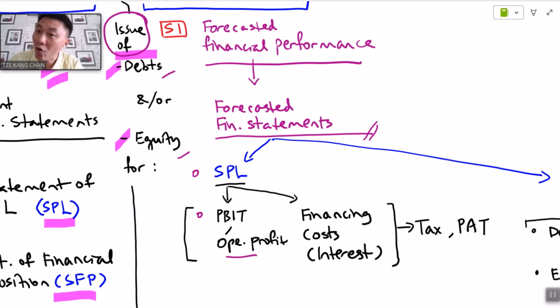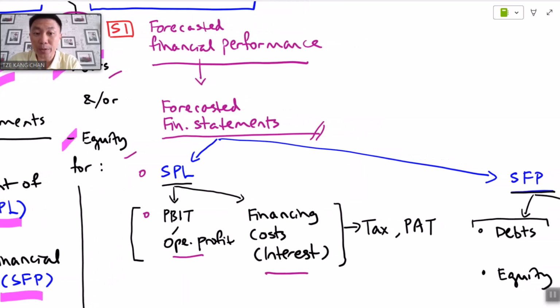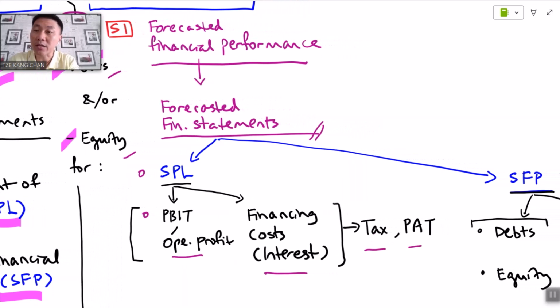Alternatively, it is called operating profit, followed by the amount of the financing cost, to be more precise, the interest expense. And not to mention, the rest of the components in the SPL then come along with tax as well as the final figure, the profit after tax, PAT.